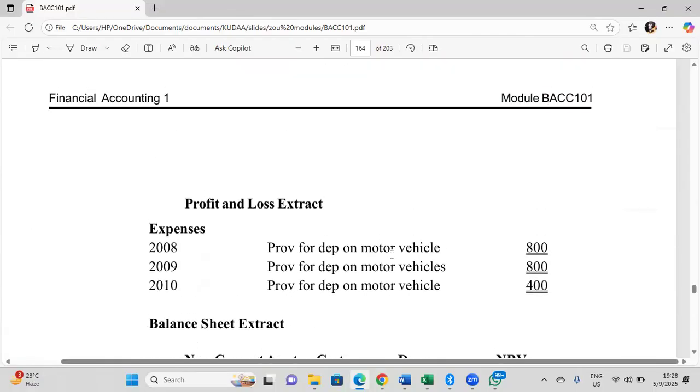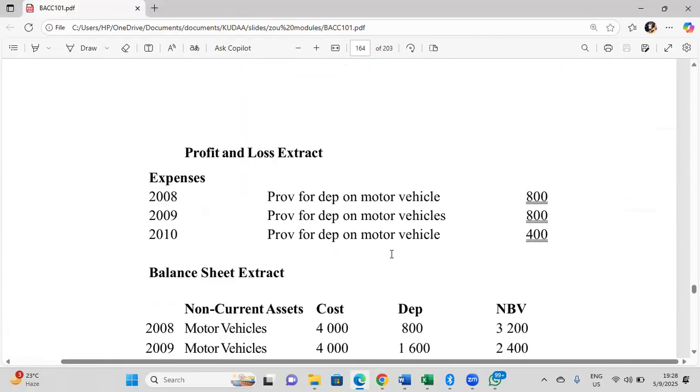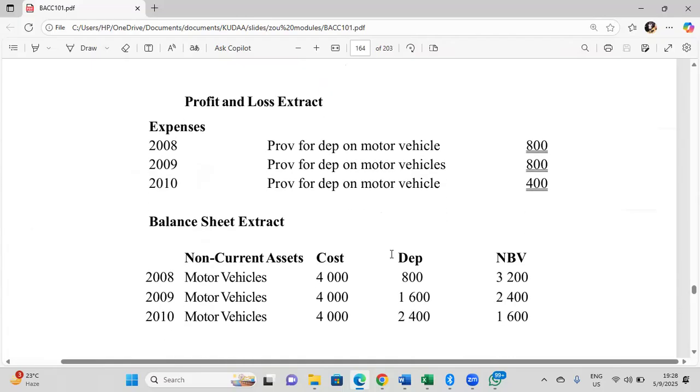Okay, they can ask us again, let's just use the answer that they've given us here. They can ask us the effect in the profit and loss. So in the profit and loss, we only show the expense. Those amounts we were writing, those are the amounts we record in the profit and loss. The depreciation we calculated.